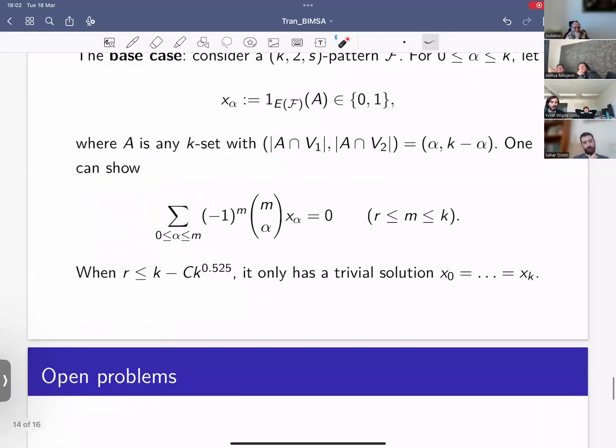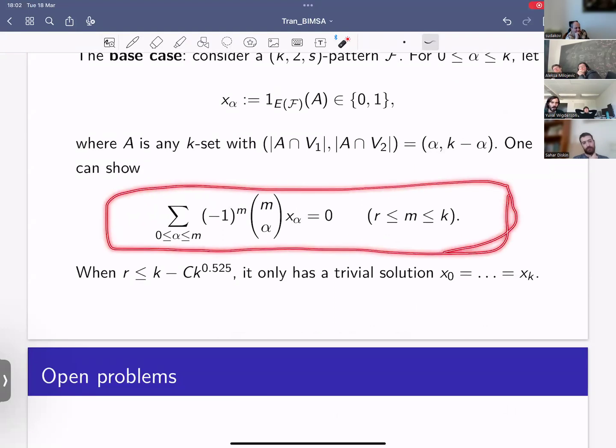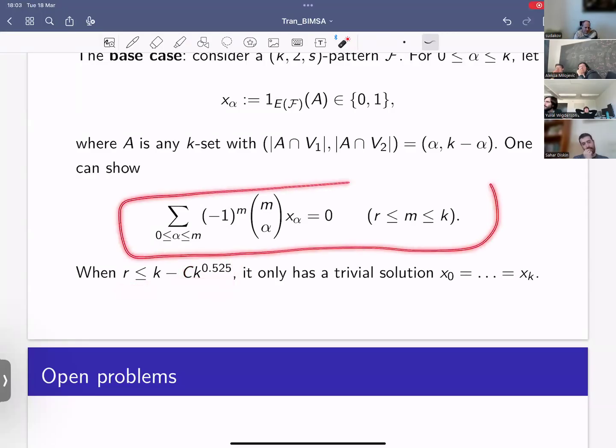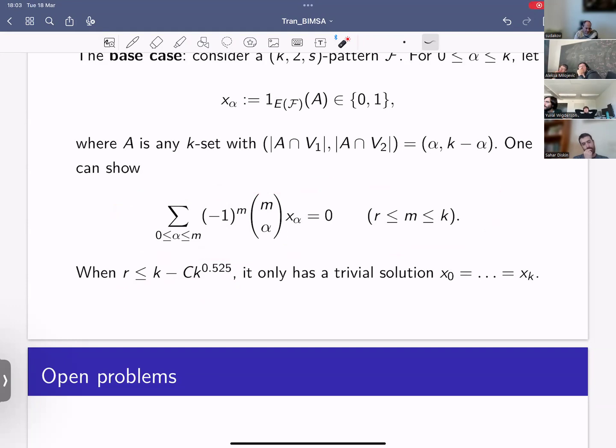And so it turns out that one can show that the binary bits X_alpha satisfy this system of equations. And we can prove that using some elementary number theory. We can prove that if alpha is at most k to the 0.525, then this system of equations only has trivial solutions. So all the X_alpha are the same.